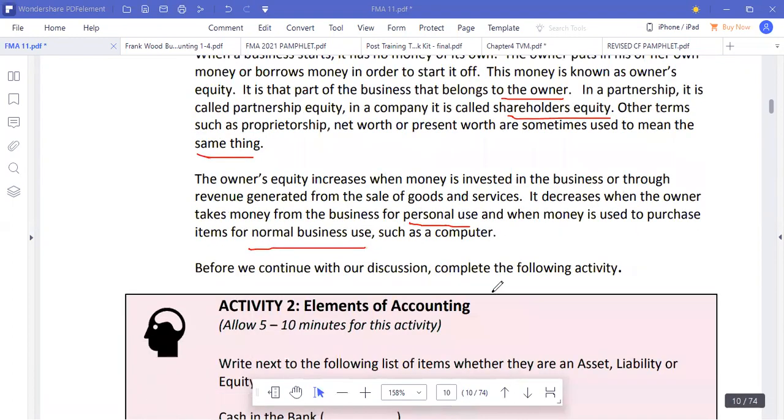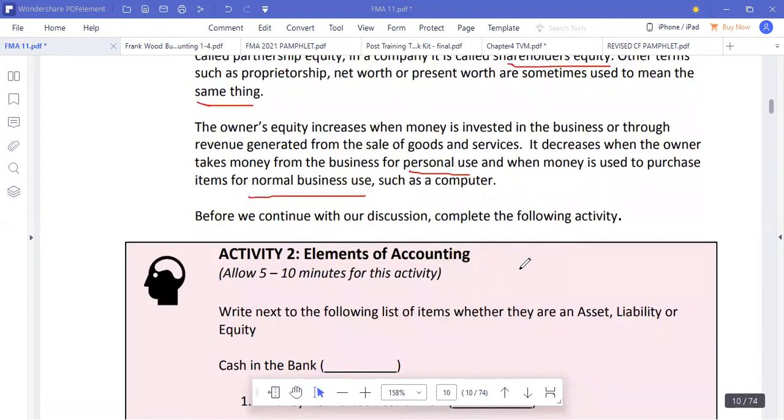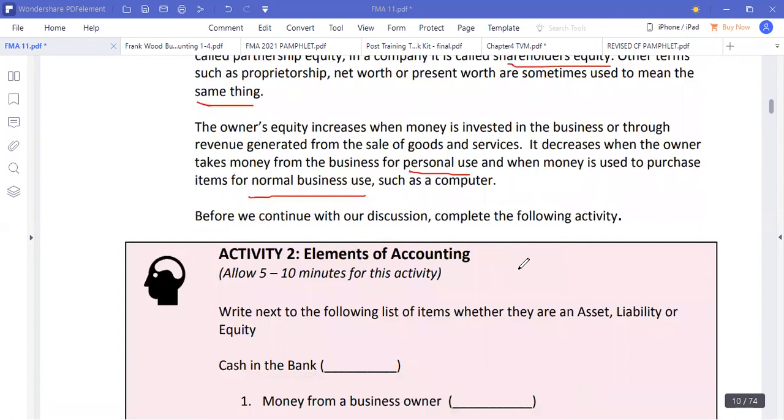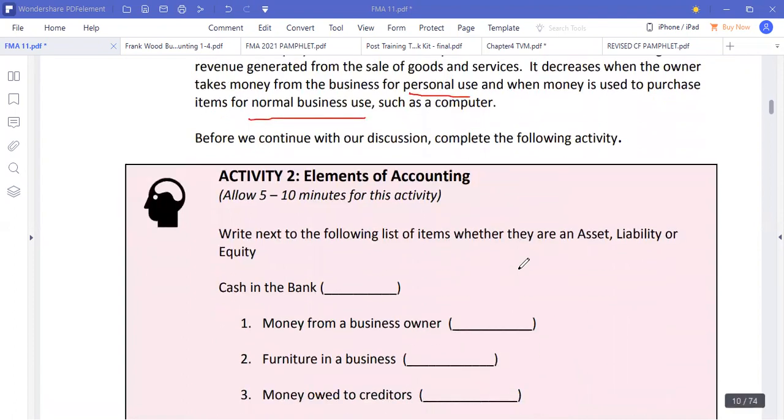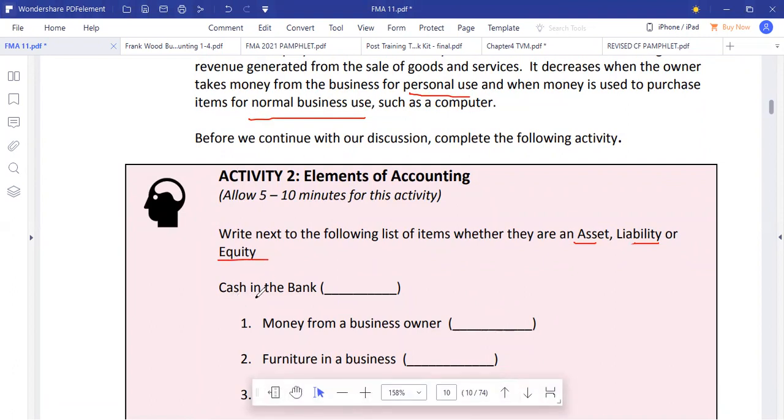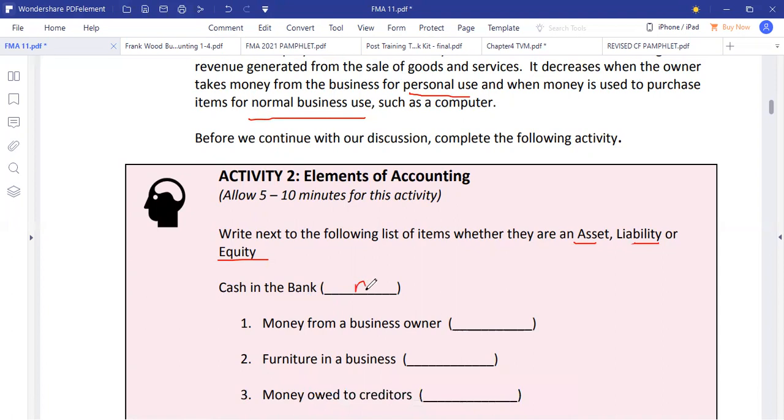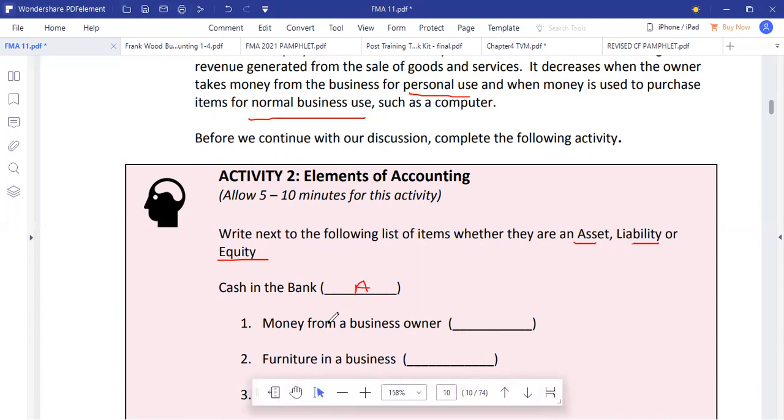So before we continue the discussion, let's try to have a 5-minute review. So in the following, list items, whether they're assets, whether they're liabilities, or whether they're equity. Cash at bank, what is this? An asset. Money from the business owner.